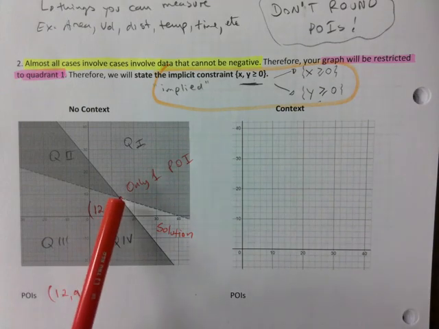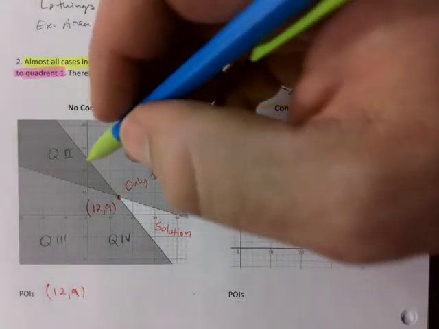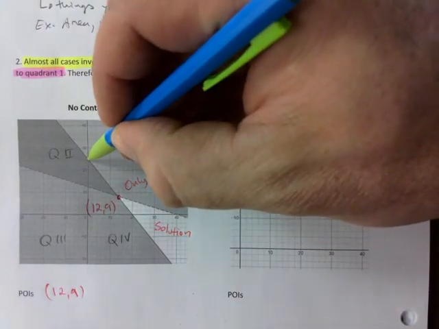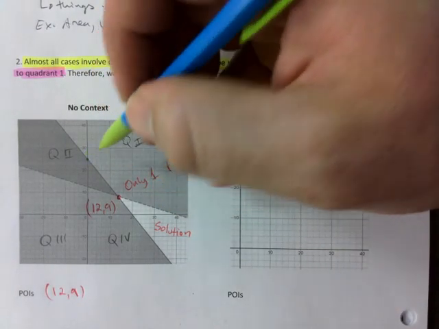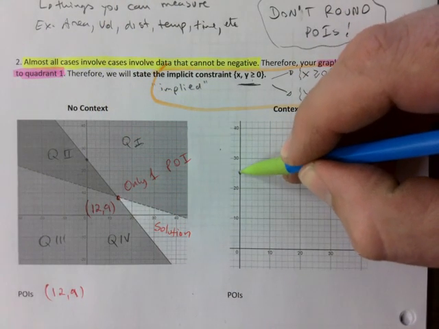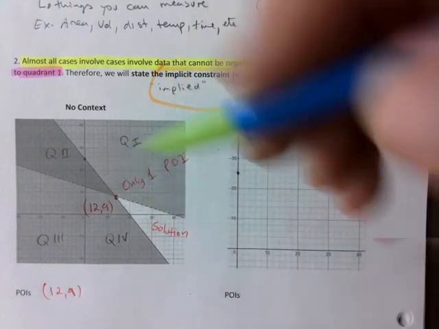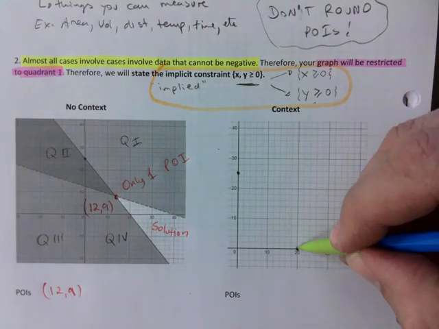But if there's a context, let's try this one more time. Grab a ruler if you have one. Let's replicate this. This is going here. What is that? Right halfway between 20 and 30. So we're going to make a point right there, and it crosses at 20, 0. So we're going to put a point right there.